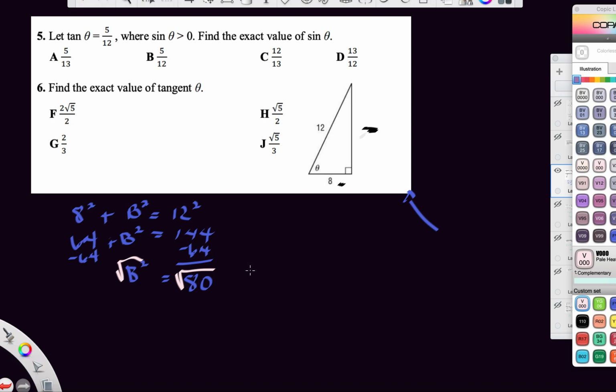Let's give it a 20. You can take out another 4. So 16 times 5. 4 root 5. Right? Cool. So b is 4 root 5. Sorry it took so long. You can simplify that radical. I'm just using root 5 because it's up here.